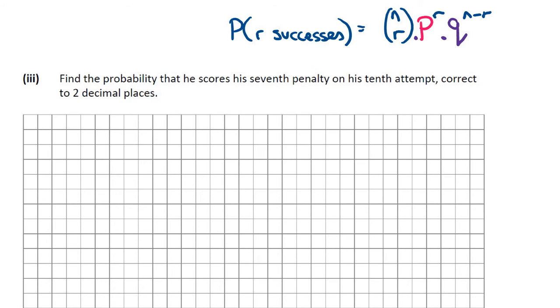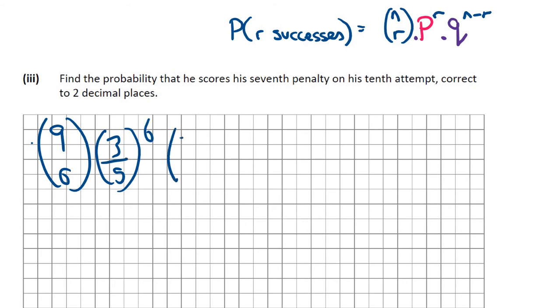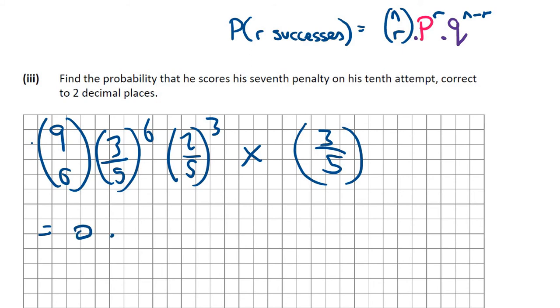So he has to score 6 of the first 9, which is 9C6 times our probability of success times our probability of failure, and we multiply that by the probability that he scores a 10th penalty, which is 3/5. Overall that figure is 0.15049, but to 2 decimal places, it's 0.15. So quite a low chance that all of that is going to happen.